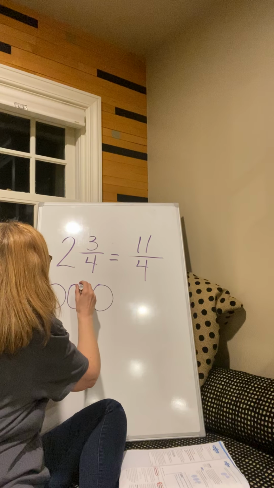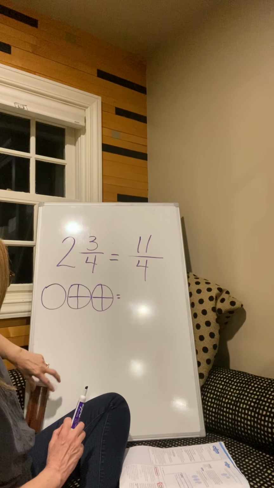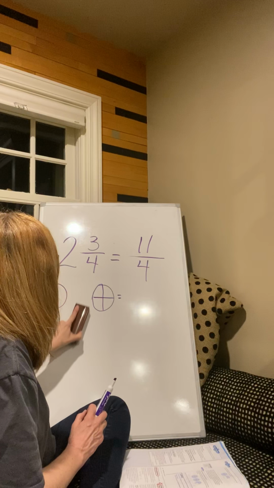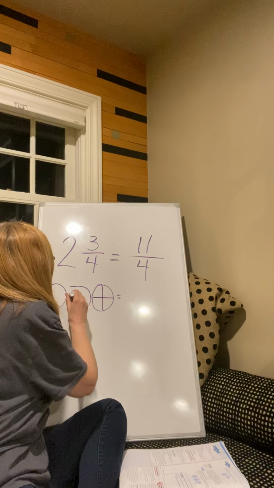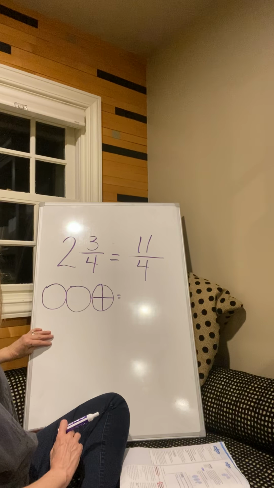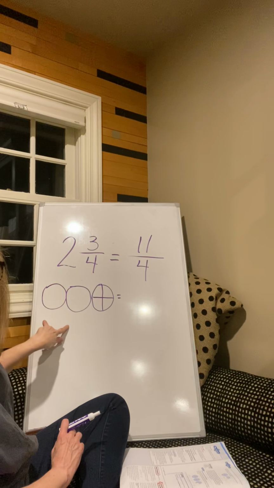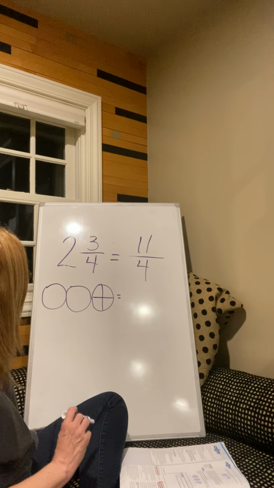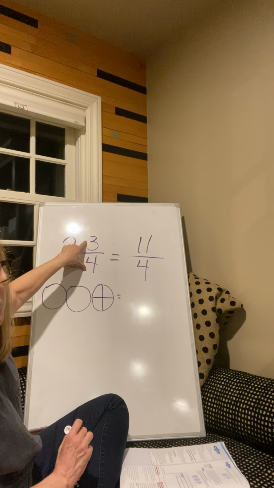Okay, I'm going to start with the first half. 2 3/4. Well, I already messed up. Let me fix this. 2 3/4. Okay, here we go. You have to have 2 wholes. So that's easy. I know if I've got 2 wholes, I've got to have 2 circles, right? Then I have a fraction.